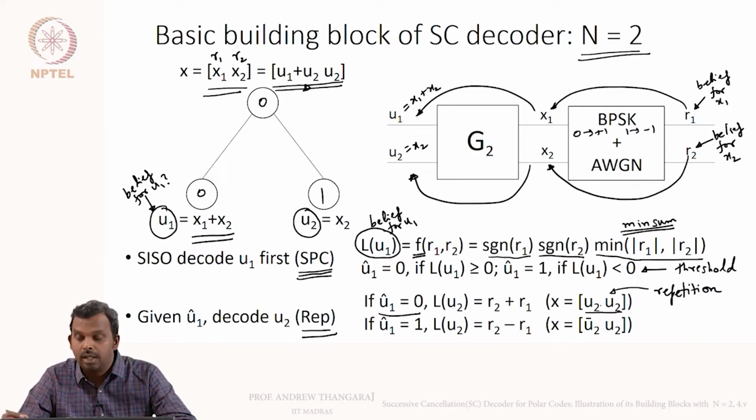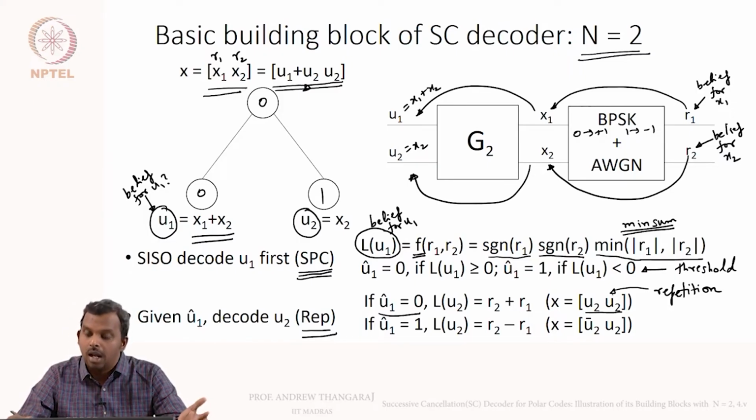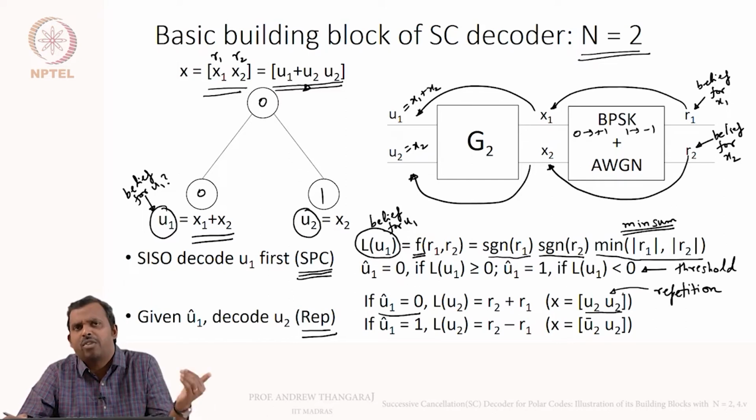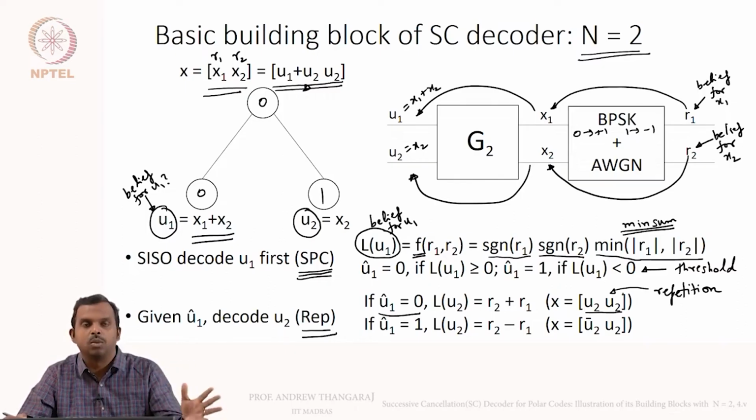What you sent was actually u2. So r1 is also a belief for u2. r2 is also a belief for u2, because you have identified u1 hat as 0. Once you find u1 hat, you assume that u1 is 0. That is the nature of successive cancellation decoding.